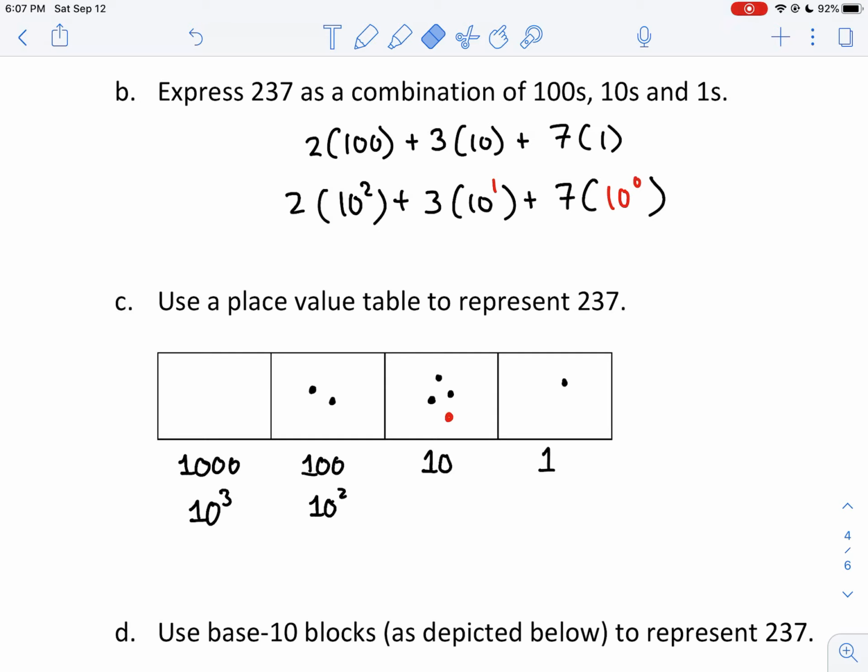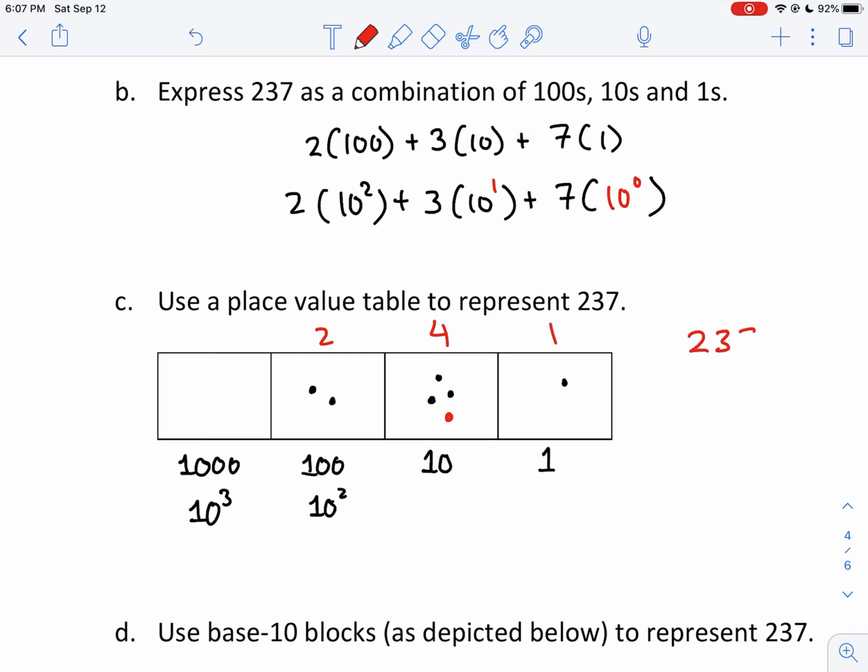Right? So if I started with 237 and I added the 4 dots into the ones box right here, the new result is going to be, we have 2 hundreds here, we've now 4 tens and only 1 left, right?